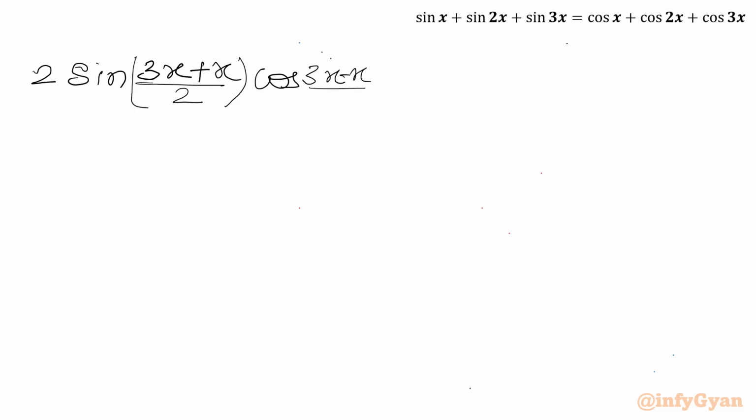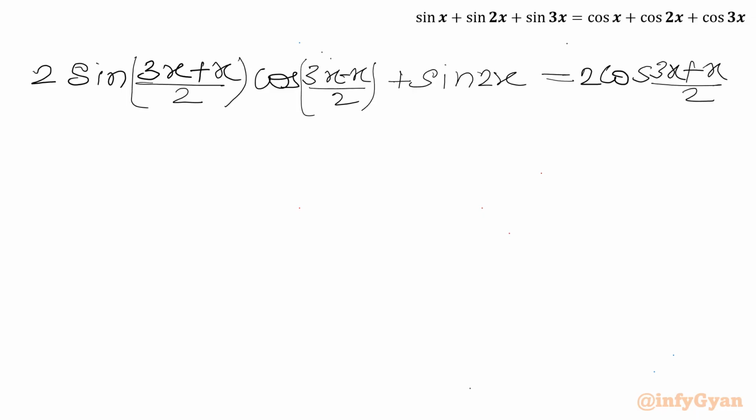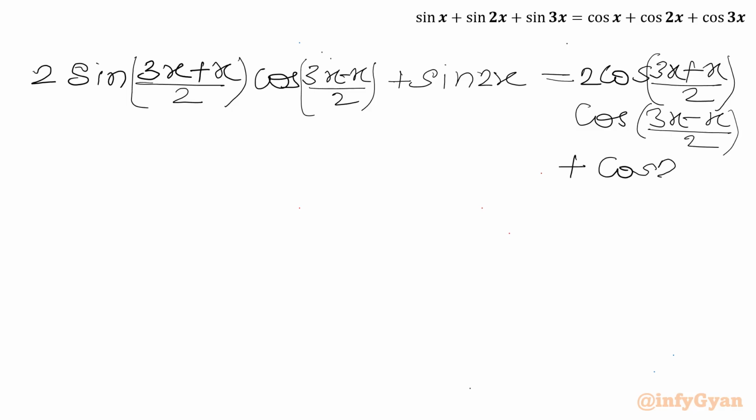Let's apply. So I will be writing 2 sin of 3x plus x over 2, cos of 3x minus x over 2, plus sin 2x, equal to 2 cos of 3x plus x over 2, times cos of 3x minus x over 2, plus cos 2x.